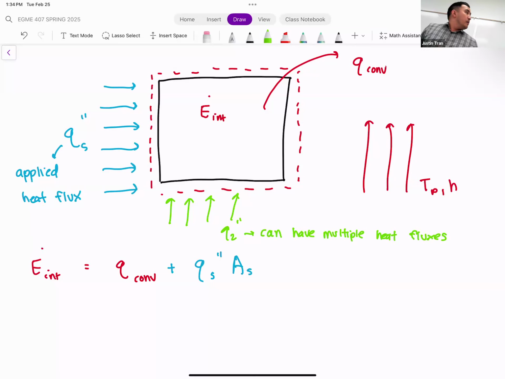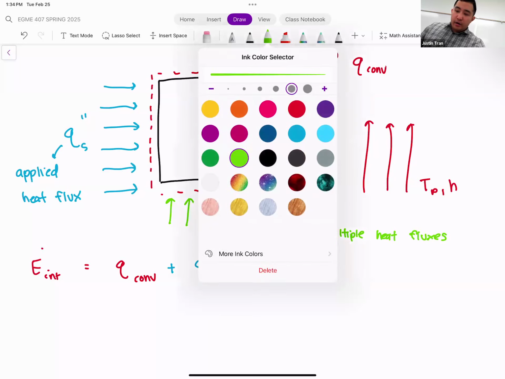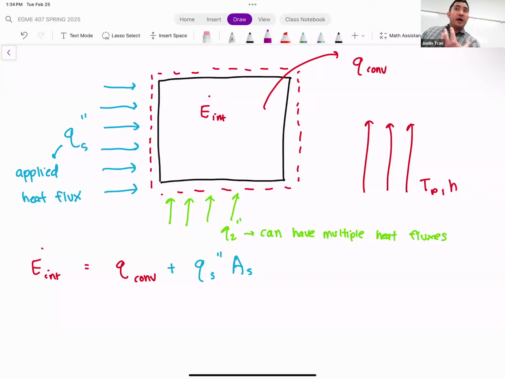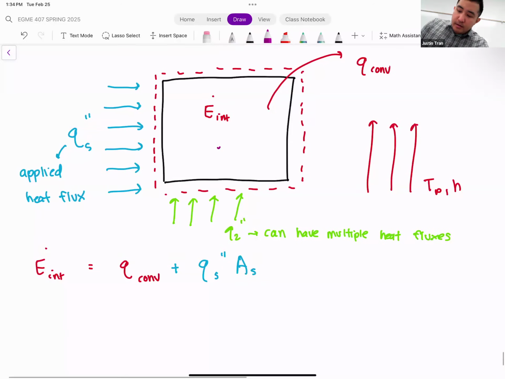All right, another source that we can consider is maybe the object itself is producing heat. So maybe we have an object that's either producing heat or maybe it's absorbing heat. Remember, we used our symbol Q dot here to denote thermal generation.